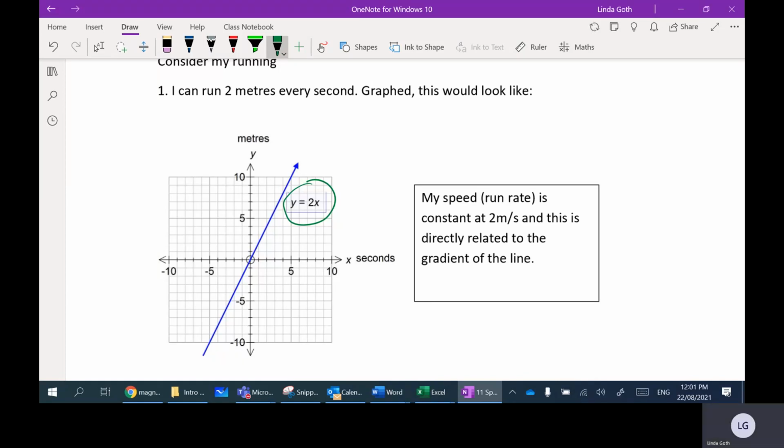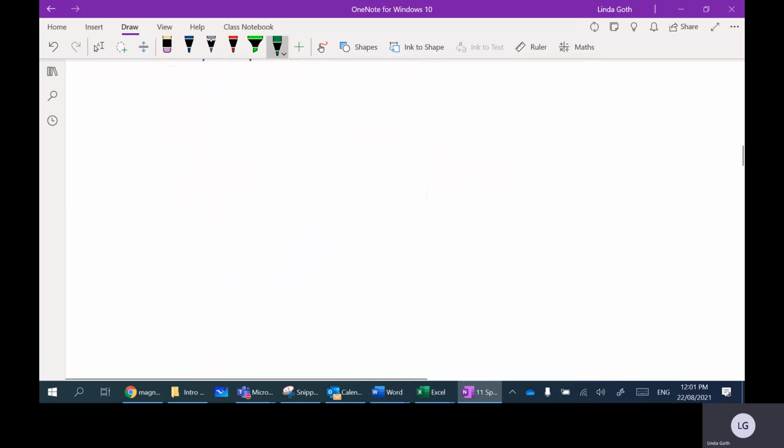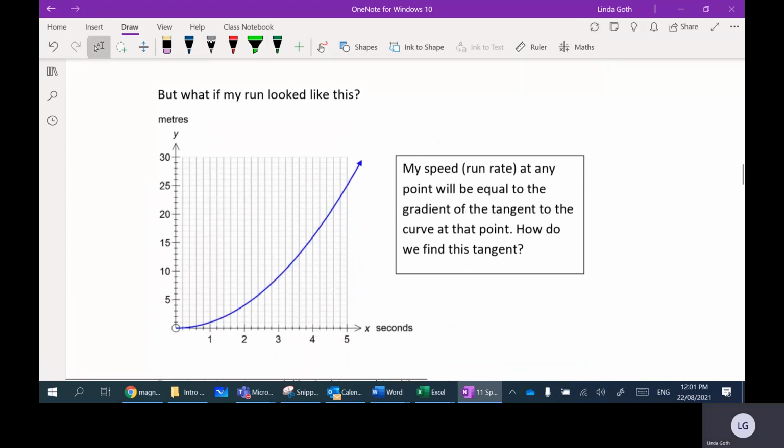Now, I'm not that consistent a runner, so let's say my running looks a bit more like this. Say that my run rate is going to change according to where I am on my run. So if I want to know what my rate of speed, my rate of running is at any point in time, I would have to say at that point, so what's happening when time is equal to 3 seconds, I would have to find the gradient of the tangent at that point.